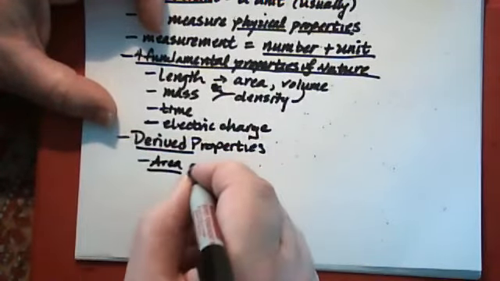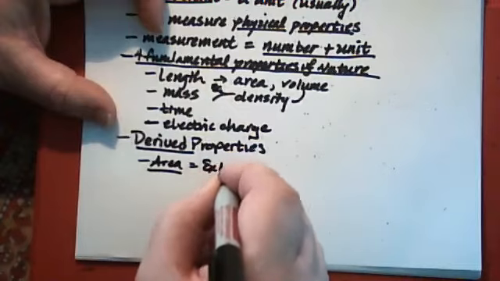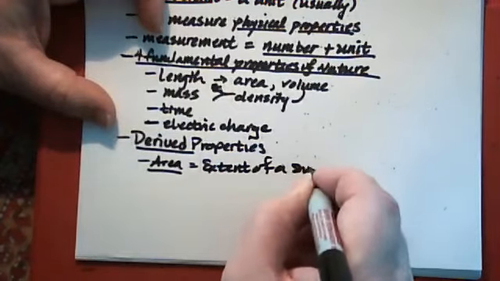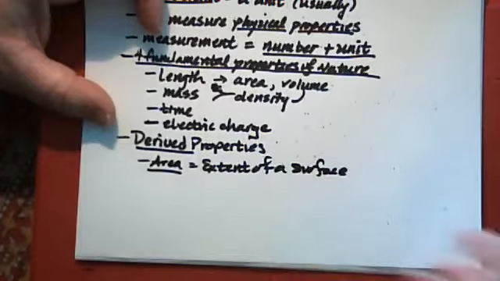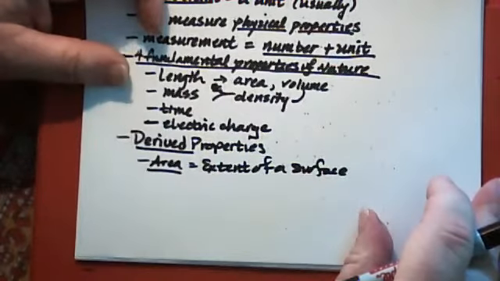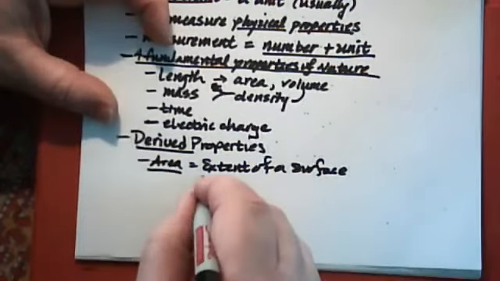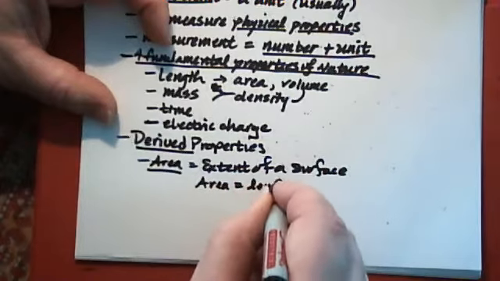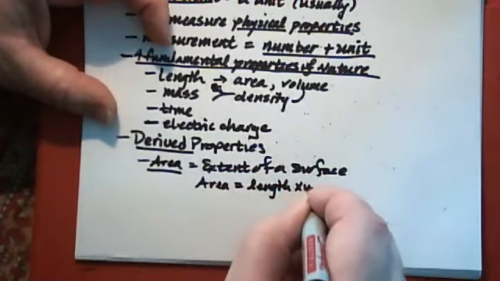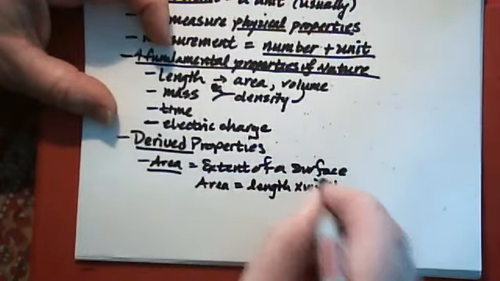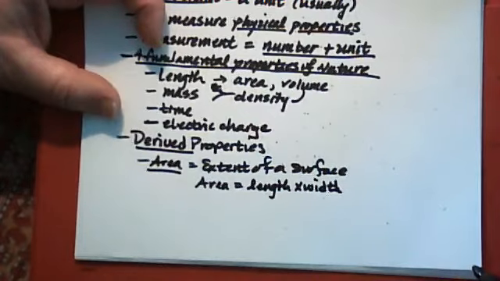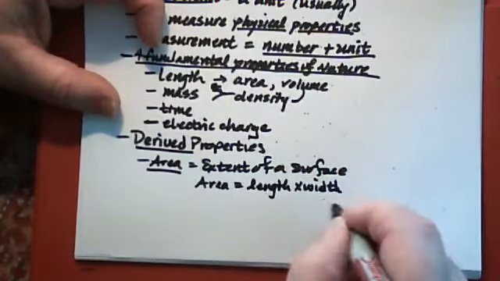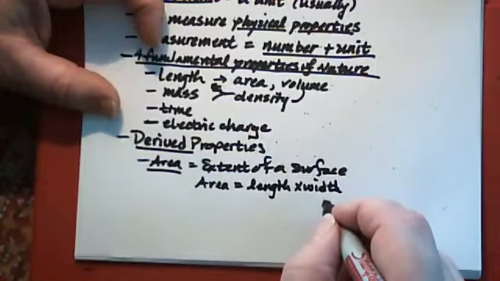So area is the extent of a surface. And it's generally listed as being length times width. But width is really a type of length.